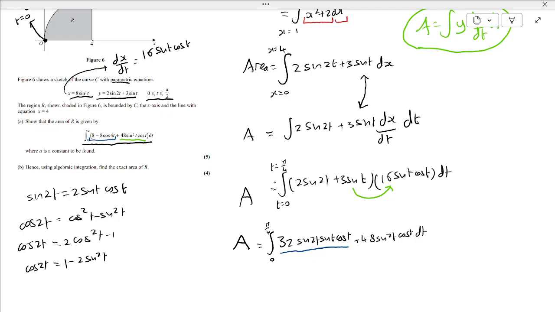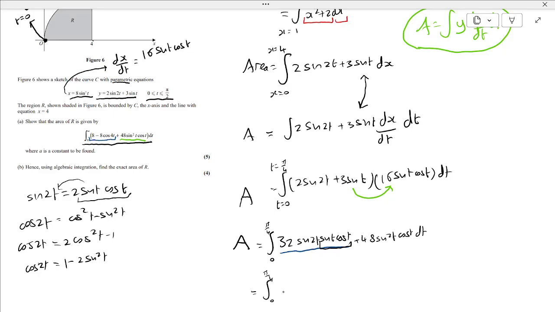And looking at what I have in blue on the right here, I do have a sine t cos t, and then a sine t cos t here. So I can build that up to make it a sine 2t. So that's going part of the way towards 4t. So 2 sine t cos t makes me sine 2t. I have 32 sine t cos t.